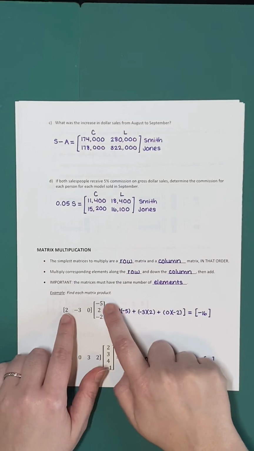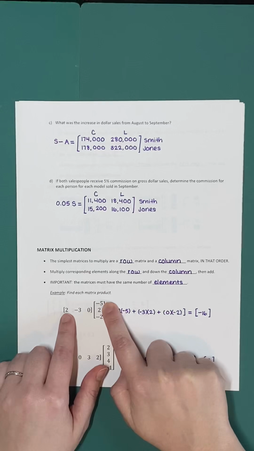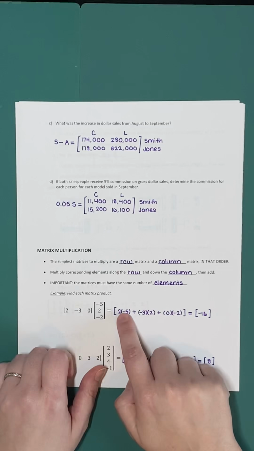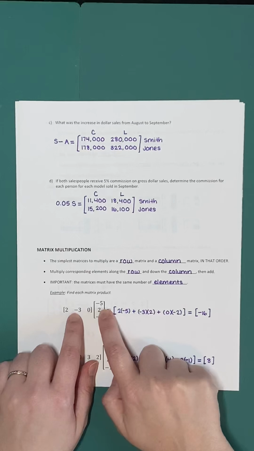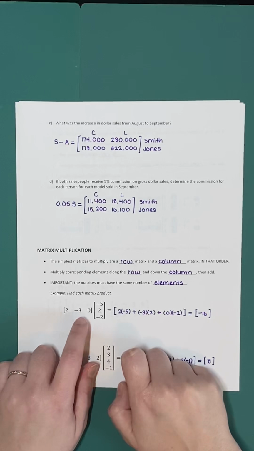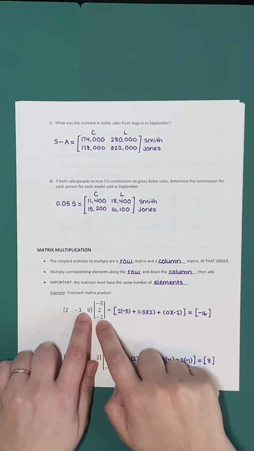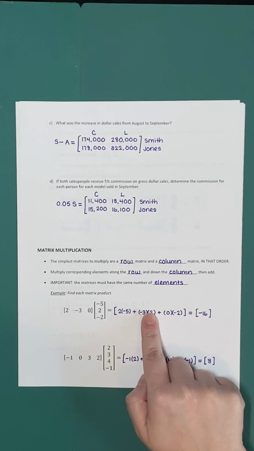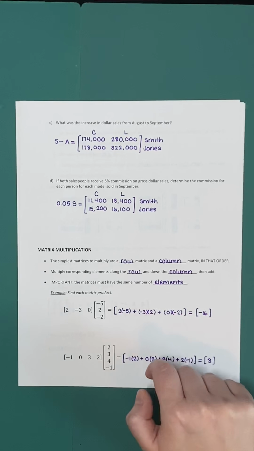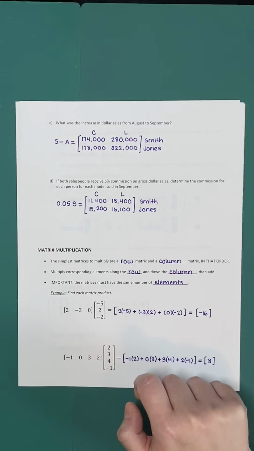So my first multiplication was 2 times -5, which gives me a -10. My second multiplication was -3 times 2, which gives me a -6. And my third multiplication was 0 times -2, which gives me 0. So -10 plus -6 gives me -16, plus 0, which of course doesn't change anything.